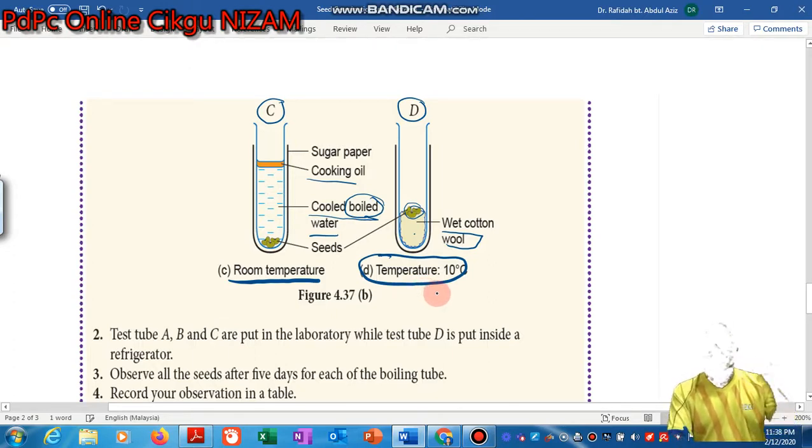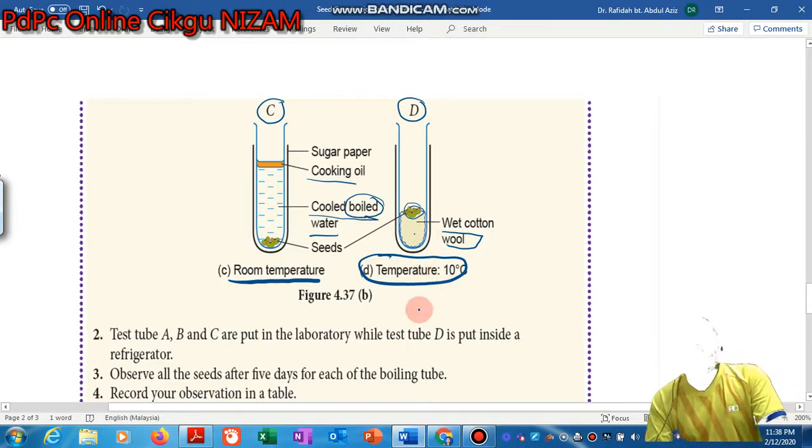So that is the characteristic, exactly a different condition in each boiling tube, to show whether the seed put in each boiling tube can germinate or not.